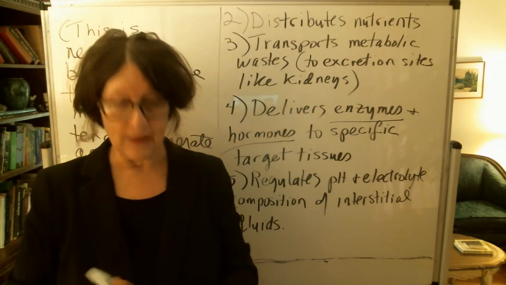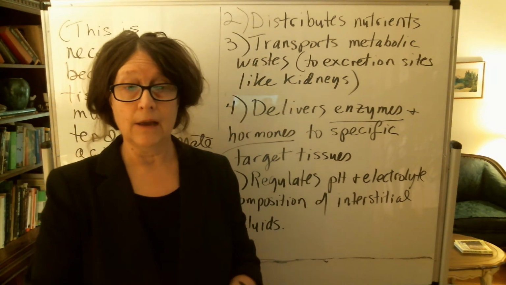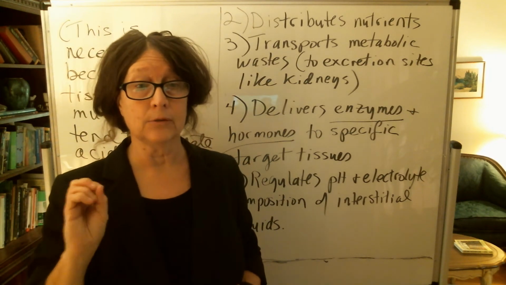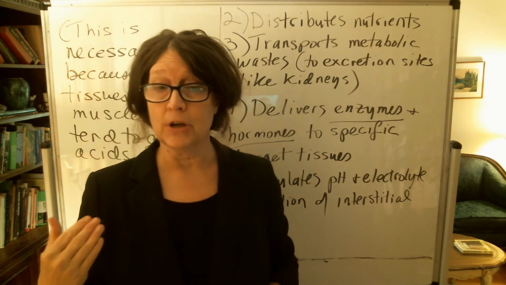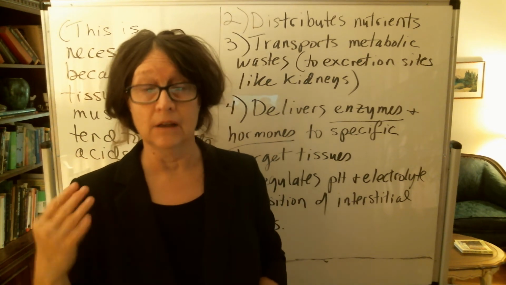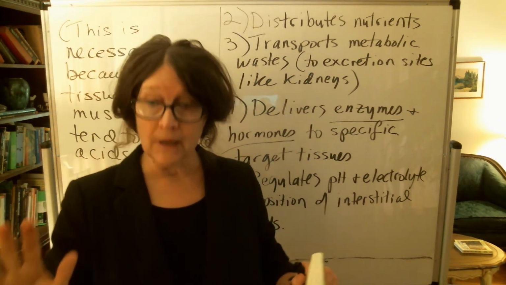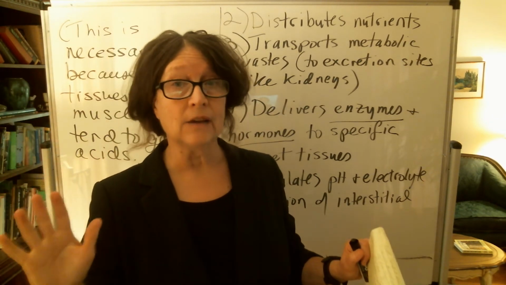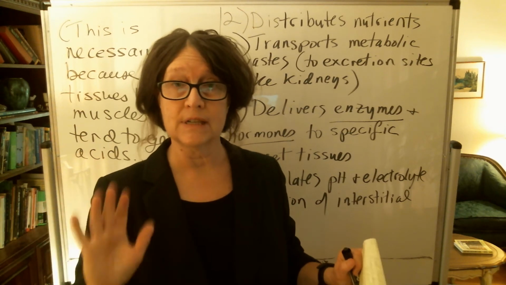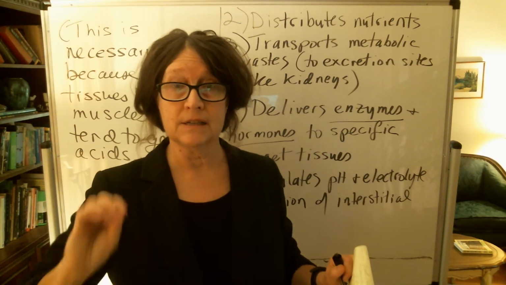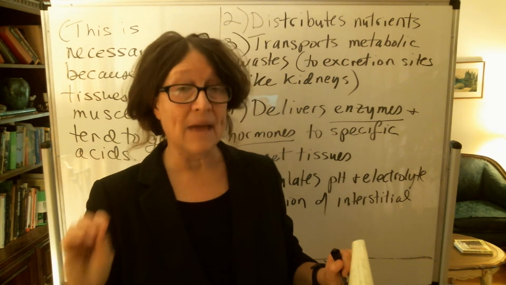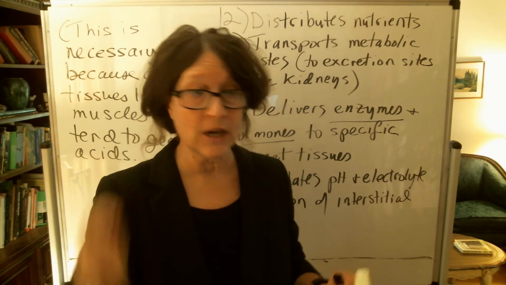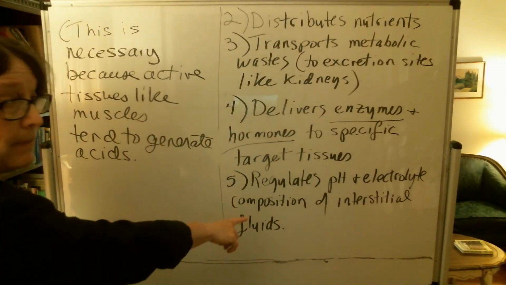So you have then your cells and you have the fluid around your cells, but the problem is that some of your cells, particularly the really active ones, are going to be generating acids just by virtue of being alive. So as a result, the blood has to come along and then re-regulate, change basically the pH around your cells. Your cells are busy creating acids, and that is actually a bad environment for those cells. So therefore, that environment has to be changed, and that's what I mean then by this, by number 5.